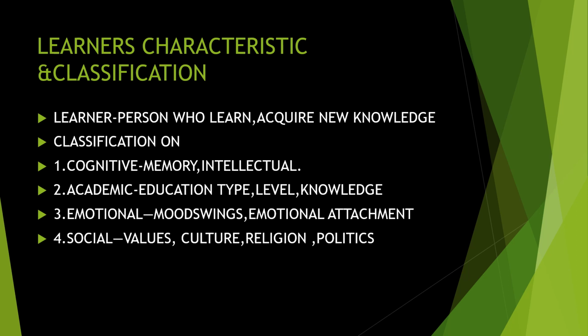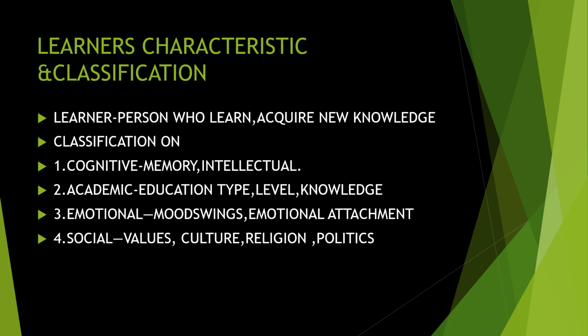So according to intelligence, we have divided the students into different levels. So the cognitive level, that is the intellectual level, has an important part in the learning process. Cognitive is one of the perspectives we can see in the characteristics of a learner. There is memory as well as intellect. These two are what we include in the cognitive level.